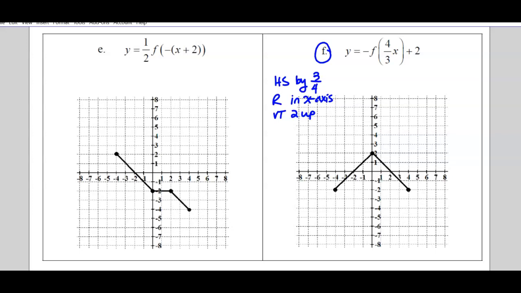So I'm going to start on the left, horizontal by 3/4. So this is -4 for x, times 3/4 is going to be -3 for x. Reflect in the x-axis, so now that y value is -2 becomes +2, and then 2 up.